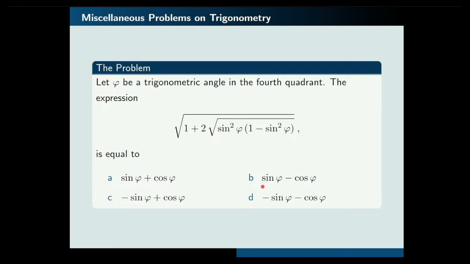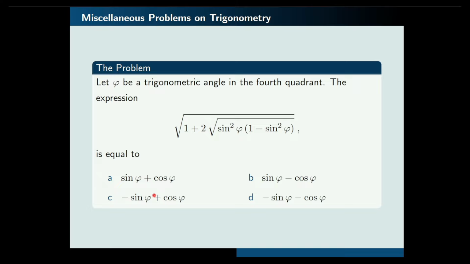Part B, sine phi minus cosine phi. Part C is minus sine phi plus cosine phi. And finally, D is minus sine phi minus cosine phi. Only one of these options is the correct answer to this problem.